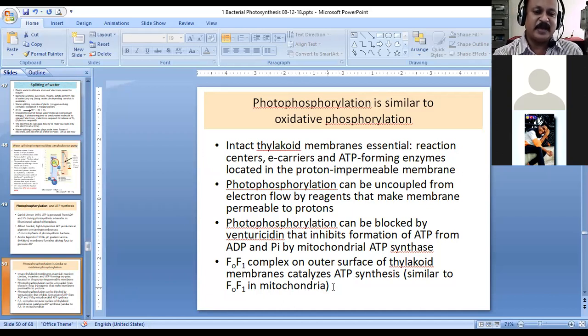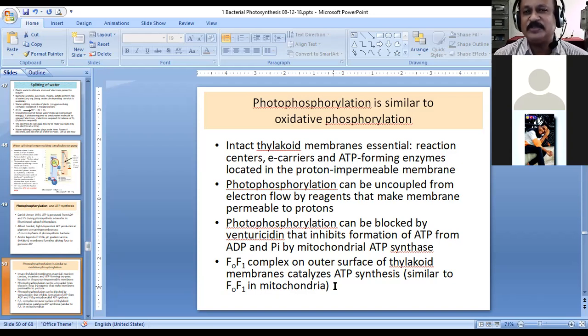Then there is another important similarity, that is the ATP synthase enzyme which is present in the thylakoid membrane in the chloroplast. That ATP synthase enzyme is similar to the ATP synthase enzyme which is found in the mitochondria. So again, there is a similarity.